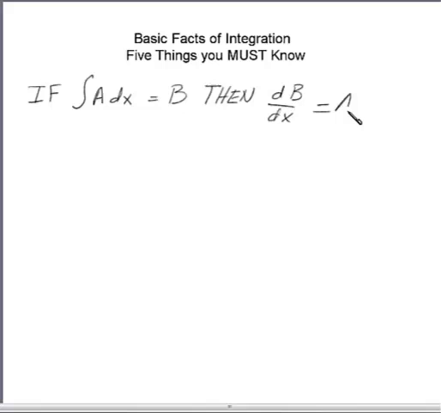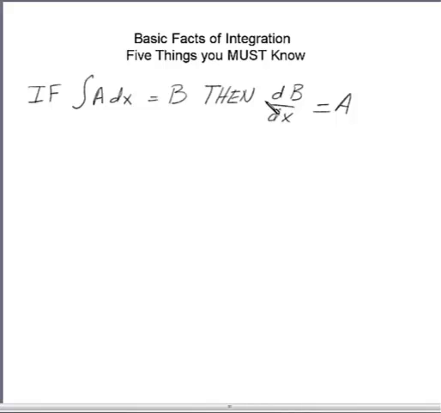And this is not one of the 5, but if A and B are just general equations without specifying what they are, let me put a big if out here: if the indefinite integral of A dx is equal to B, then the derivative of B dx is equal to A. So integration and differentiation undo each other.